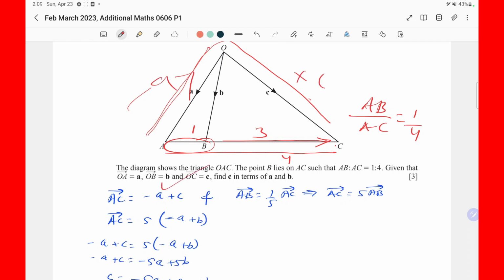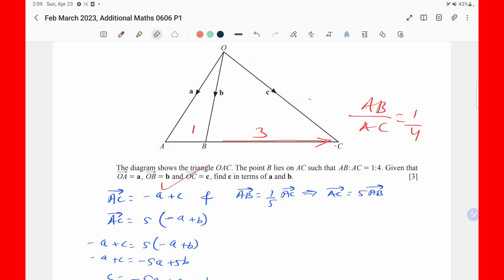Now AB I need to find. I will follow this path and then this path, so minus a plus b.